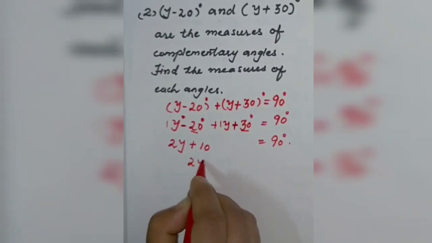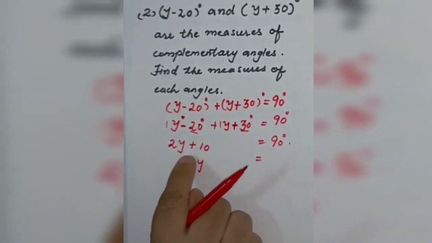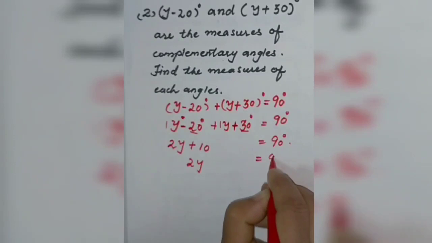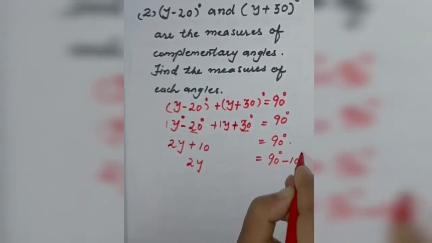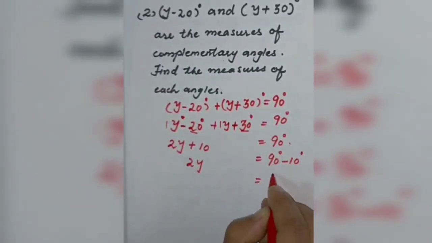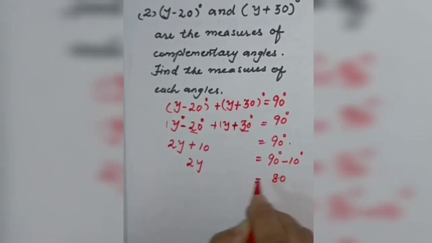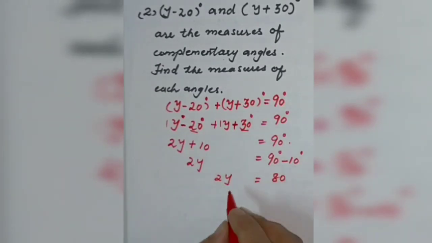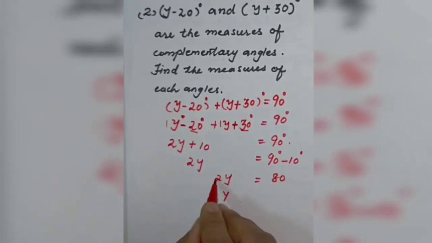Now 2y is equal to 90 degrees minus 10 degrees. Therefore 90 minus 10, 80 degrees, and here 2y. Now we have to find the value of y. Therefore in 2y, no sign is given here.